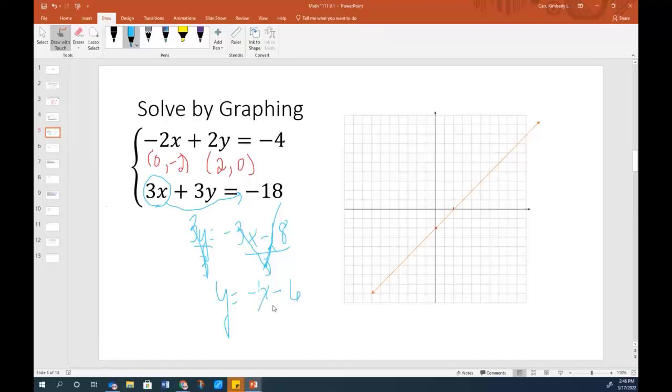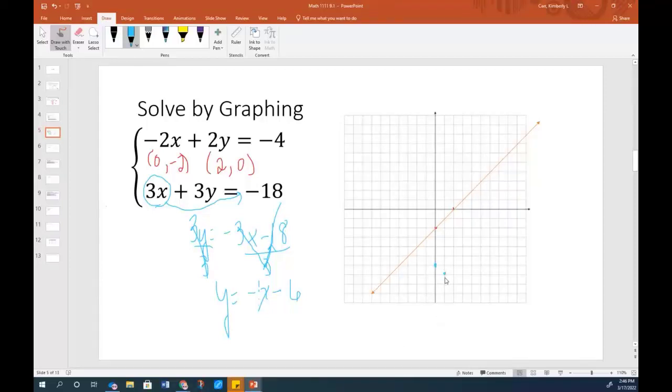So I need to put a line there. And what this tells me, if you choose to do it this way, is this is your y-intercept. So I'm going to go down 6 on my y-axis: 2, 4, 6. And then I need to use a slope of -1, which means I need to go down 1 and to the right 1. So see, I didn't do intercepts on both of those, but you could.